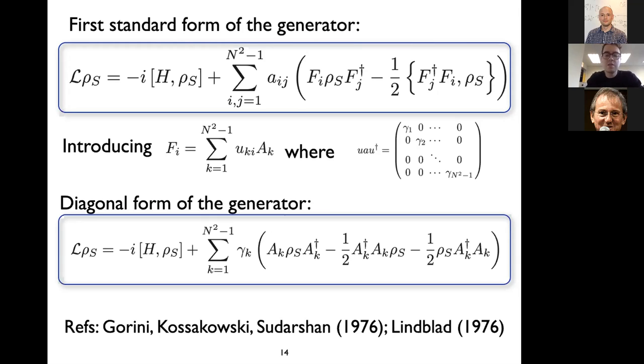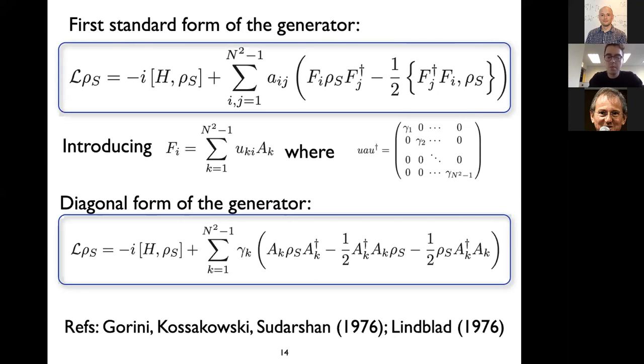So this most general form of master equation is commonly referred to as the Lindblad form. But when you're writing papers, you have to be careful to give credit to all the people that first gave this proof. So in the long form it is the Gorini-Kossakowski-Sudarshan-Lindblad form of the master equation, or in short, just the GKSL form.